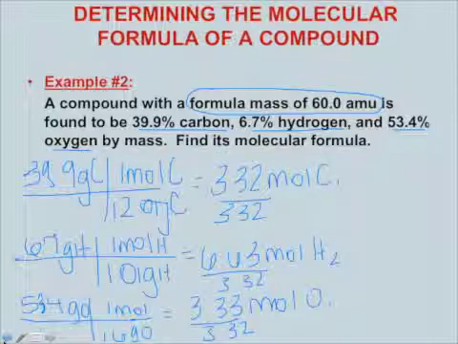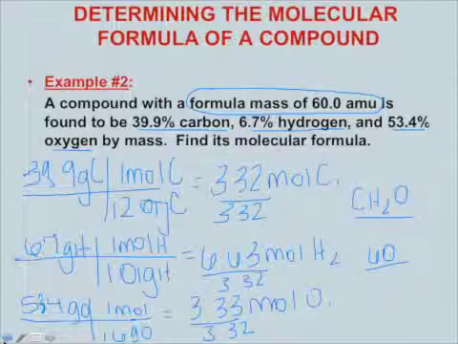Now, that's your empirical formula, CH2O, which you saw earlier in the notes was the same empirical for glucose. Let's see if this is glucose though. So now we're going to take our formula mass, which is 60, and divide by our empirical mass, which we get from right here.